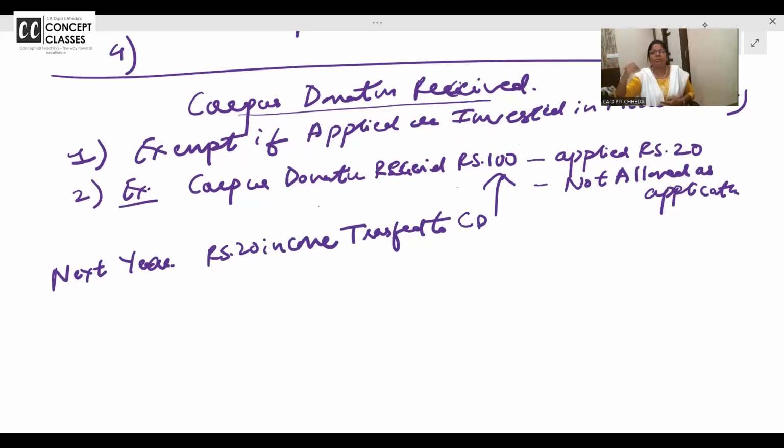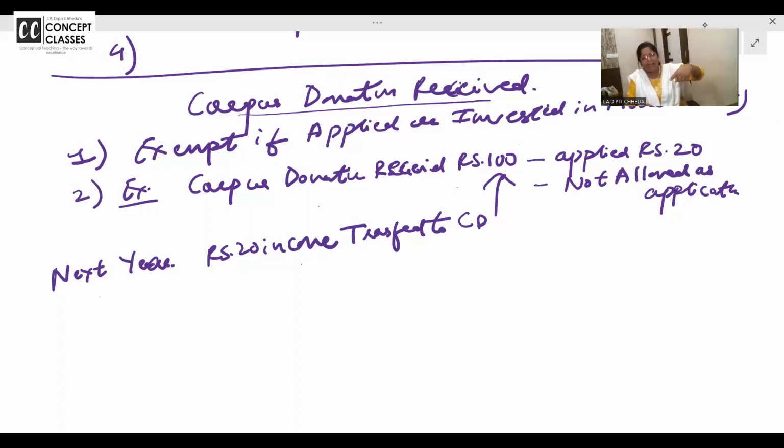And you are insisting, ma'am, allow the 20. We will not allow it at all. Why allow in application what is not income? Next year 20 rupees you receive as normal income, and you have transferred it to the corpus donations.